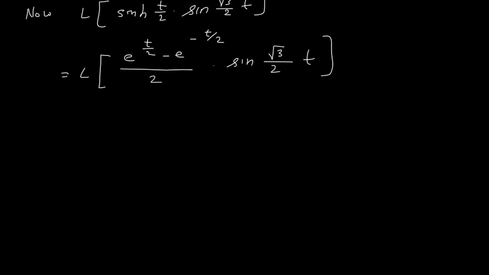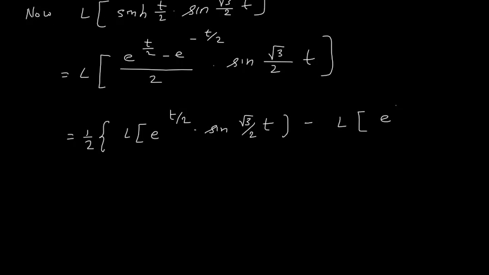So 1 by 2 we can take out. Now here I have Laplace of e power t by 2 into sine of root 3 by 2 t minus Laplace of e power minus t by 2 into sine root 3 by 2 t.